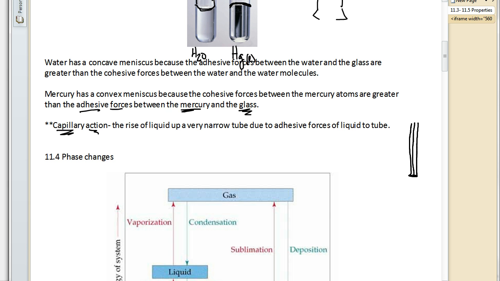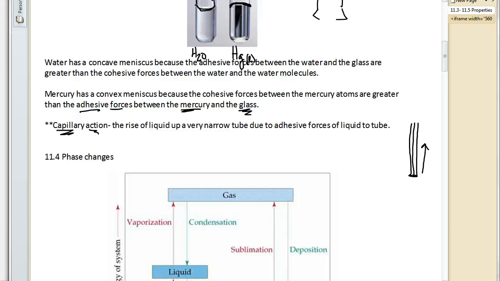If you dip this in liquid, it will actually pull the liquid right up the tubing due to the adhesive forces, those forces between the water molecule and the glass. And this is also the idea of how really tall trees can get water from the root systems all the way up to the tip of the trees where the leaves are up there. Capillary action is moving things along. And we'll leave it at that.